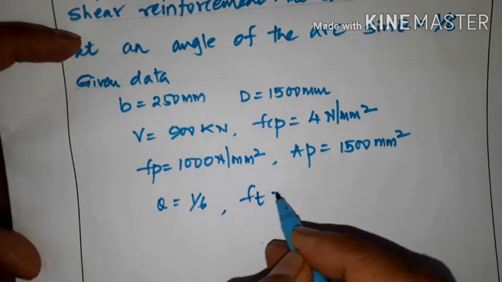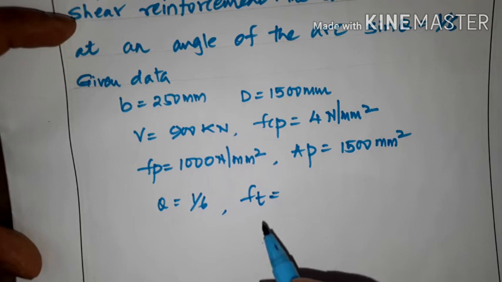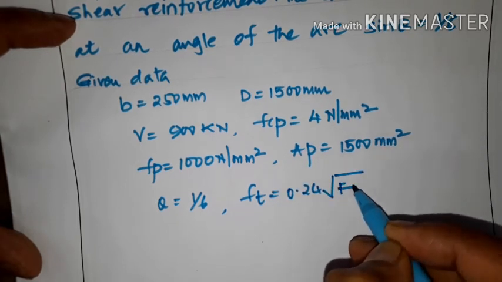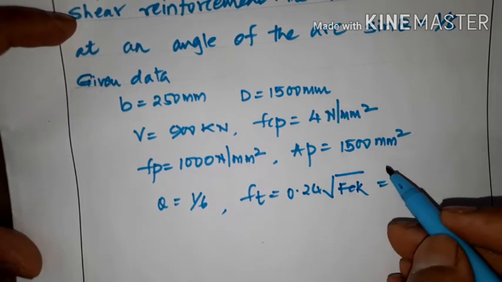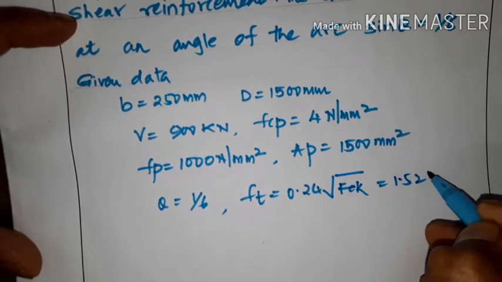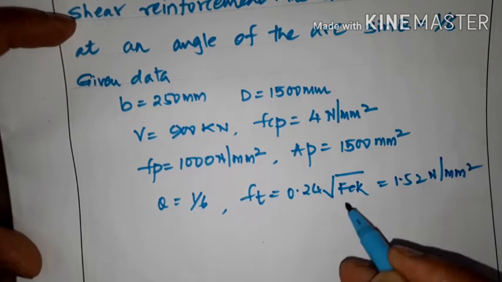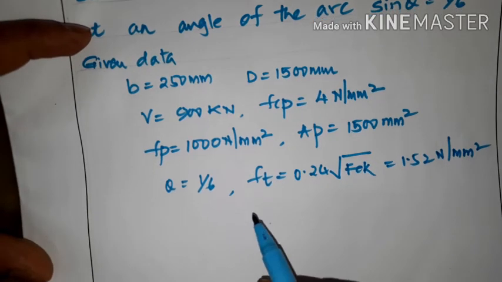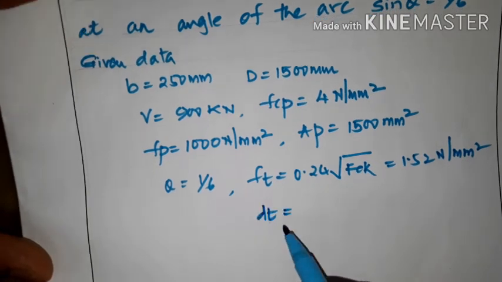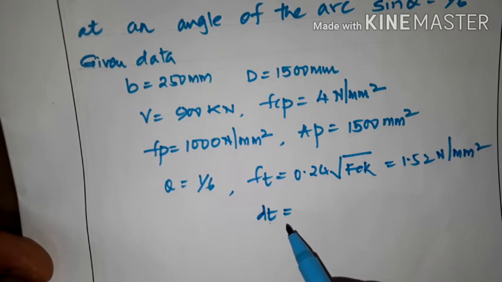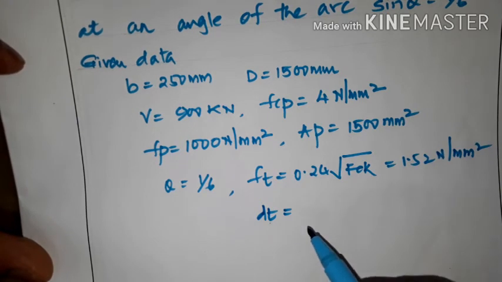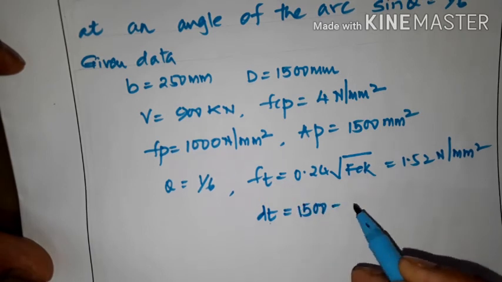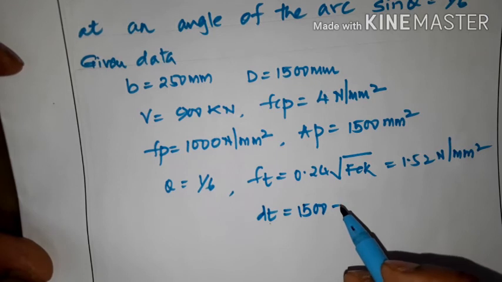And FT we can calculate if it is not given. So that is 0.24 square root of FCK, which is 1.52 Newton per mm square. If it is not mentioned, you can calculate it using the formula 0.24 square root of FCK. And dt is given as 1500 mm minus 100 mm cover.